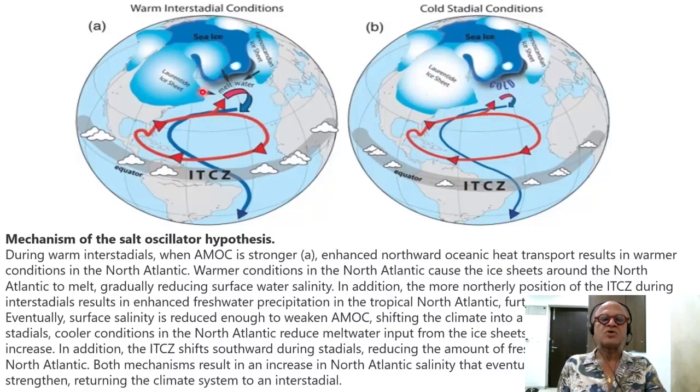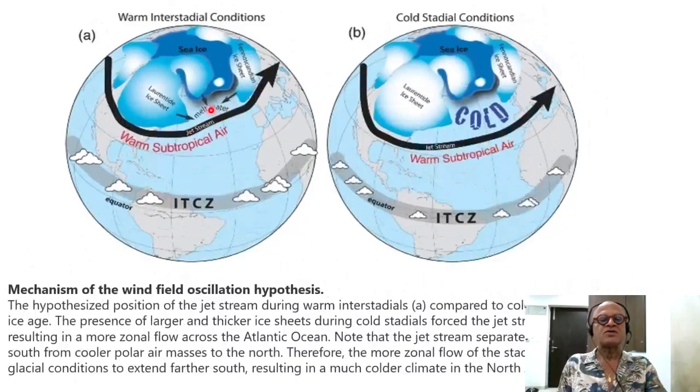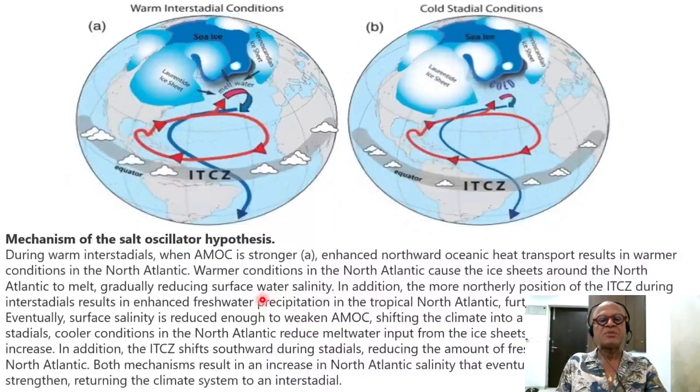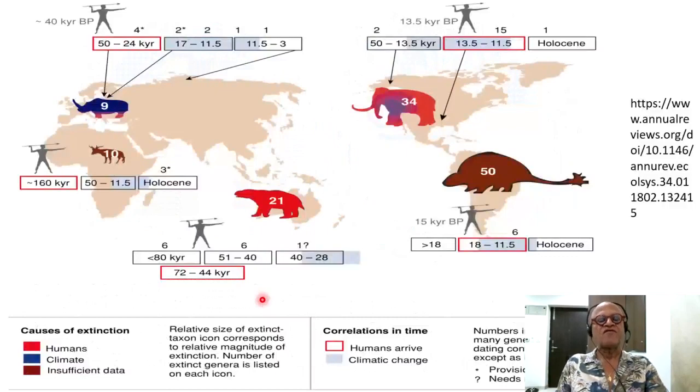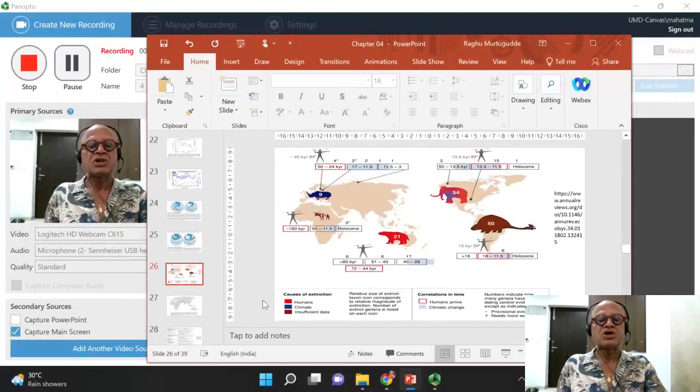Whether that is related to how meltwater affects the deep water formation here and the overturning, or whether that's also related to changes in wind field oscillations is not clear. As I said before, when you have multiple hypotheses, it generally means that we are still trying to find a proper or acceptable single explanation.